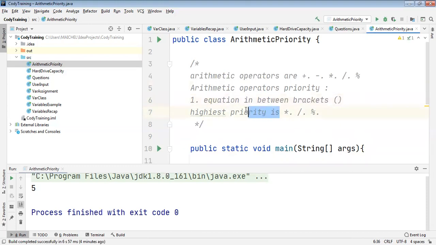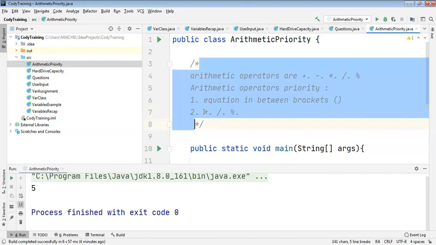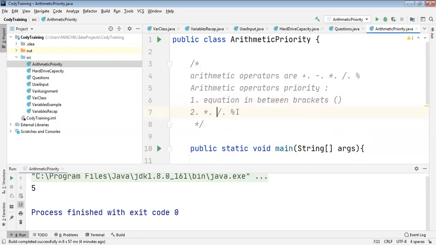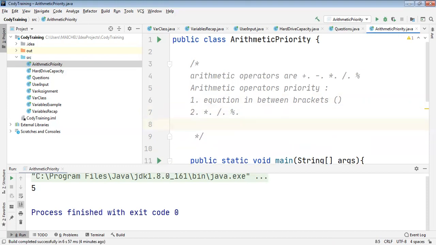The second one is all this multiplication, division, and modulus. Last one is plus and minus.